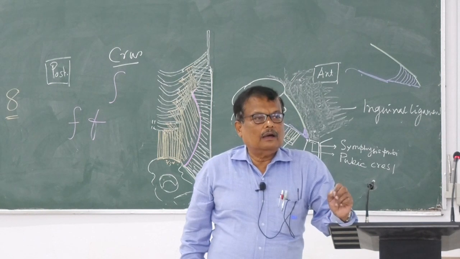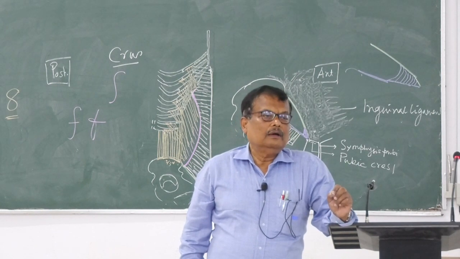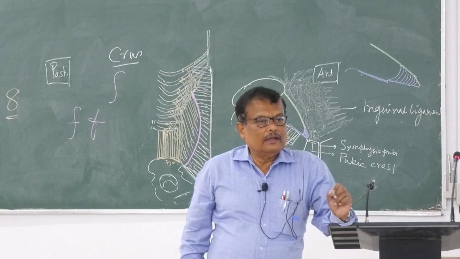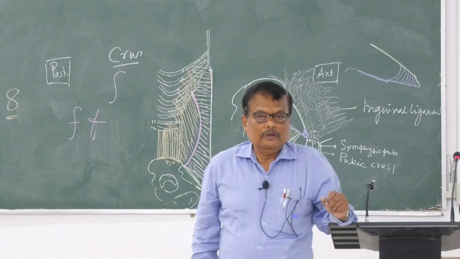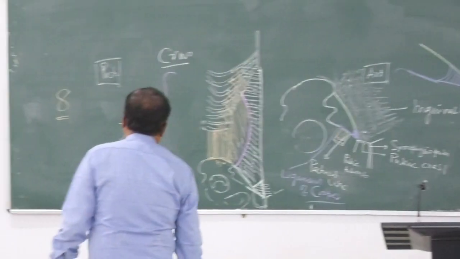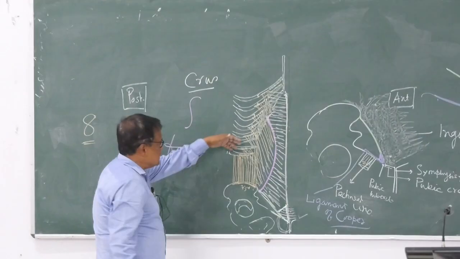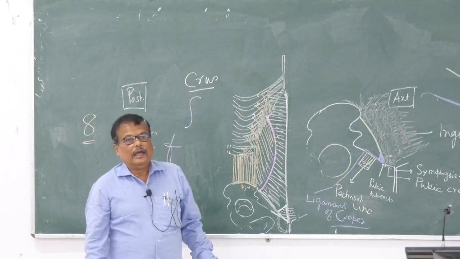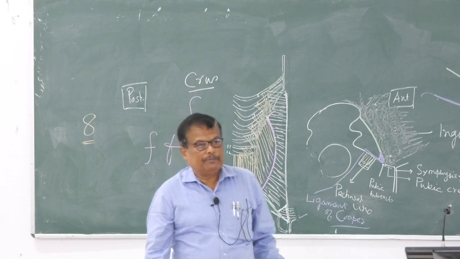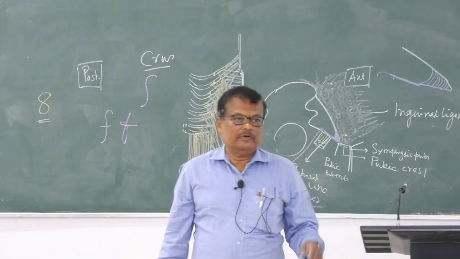Origin: outer and lower border of the lower 8 ribs by 8 fleshy digitations. Insertion: the lowermost posterior fibers descend downwards and are attached to the anterior 2/3 of the outer lip of the ventral segment of the iliac crest.